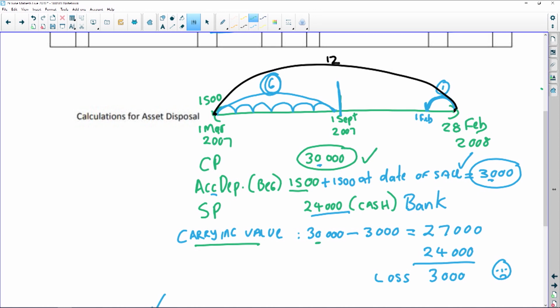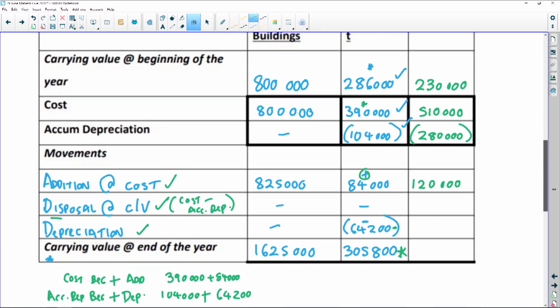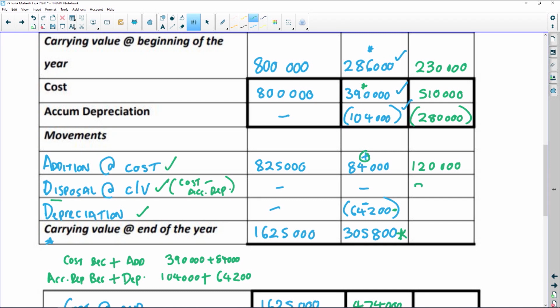So our cost 30,000 minus the accumulated depreciation at the date of sale 3,000. So the carrying value, the worth of the asset that I'm getting rid of is 27,000. So as you can see, the calculation is done already. So all we're doing is we're taking through that 27,000. And remember, you're getting rid of the asset. So your carrying value is going to decrease. It must be in brackets.